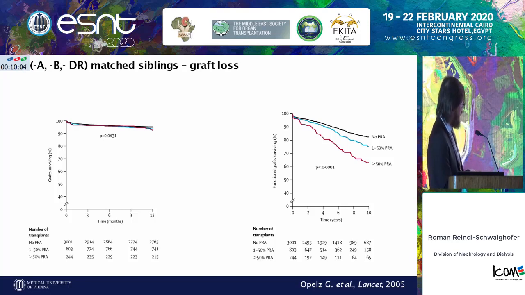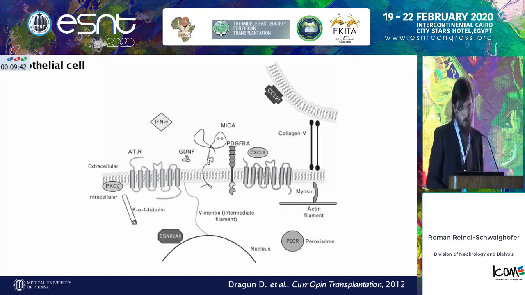Those antibodies were supposed to be directed against non-HLA cell surface structures. In the first year there was no difference in graft survival, but for long-term graft survival up to 10 years, those who were sensitized against non-HLA antigens showed significantly reduced graft survival. So this showed that there is more to alloimmunity than HLA in terms of antibodies.